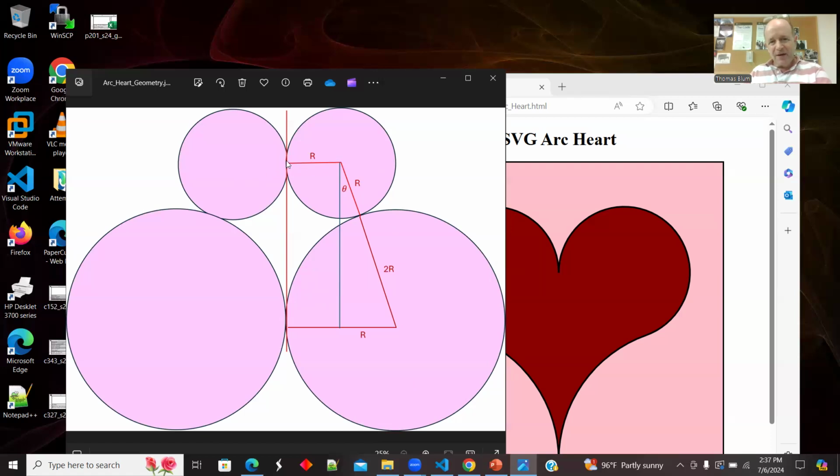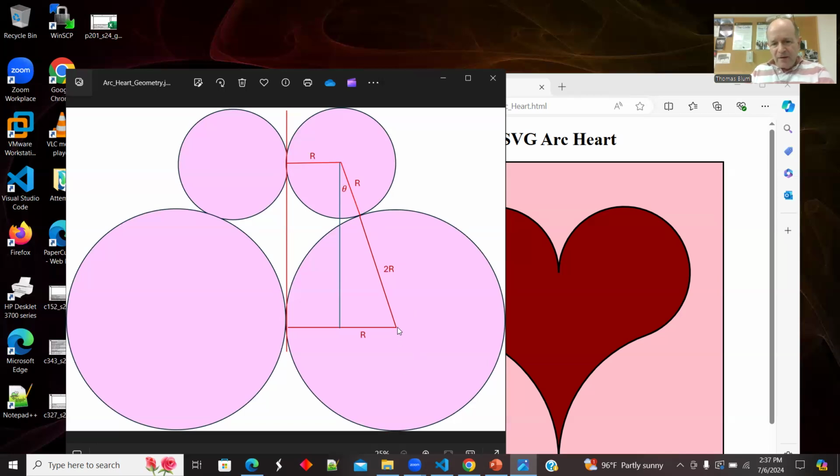So the radius of the smaller circle is r, and of the bigger circle is 2r, and I want to find some information about where these meet. I drew from the center to the edge a radial, and I said that was theta from this vertical.